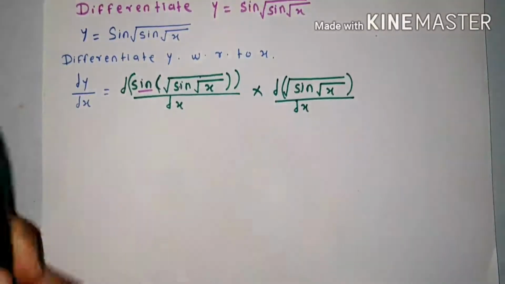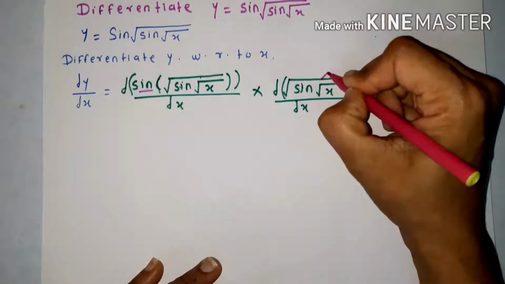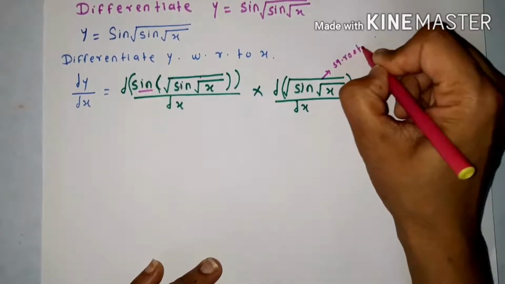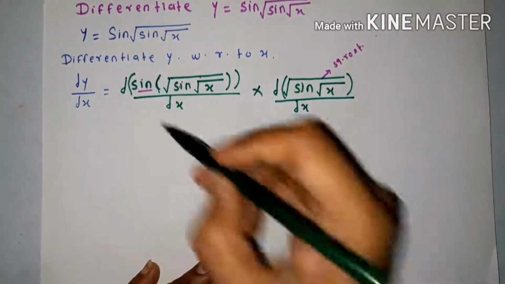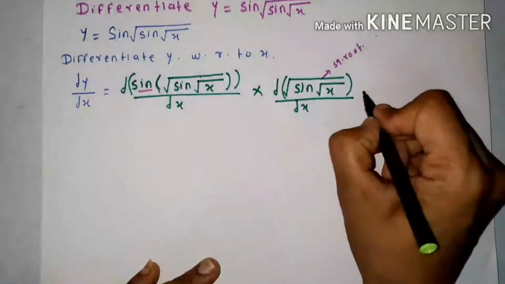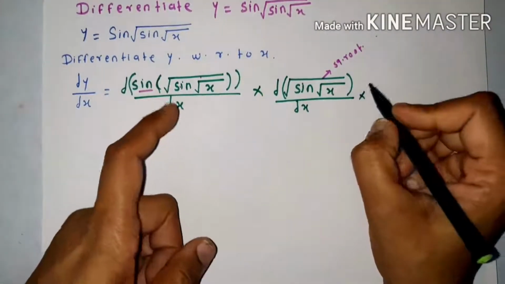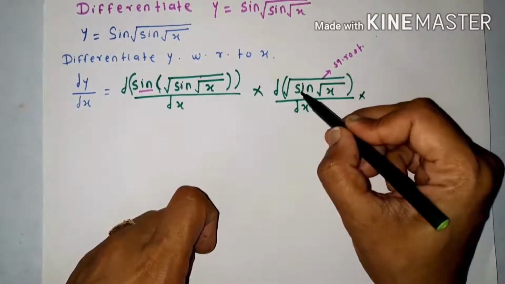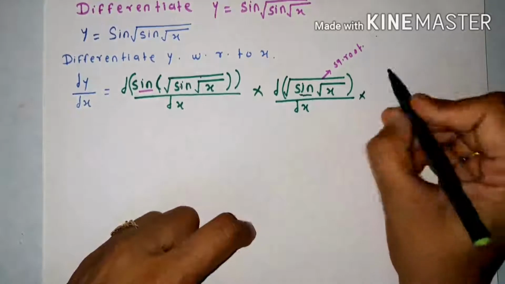Okay, this is the square root function and this is the sine function. Another function is again in square root there is the sine function, that also we can differentiate.